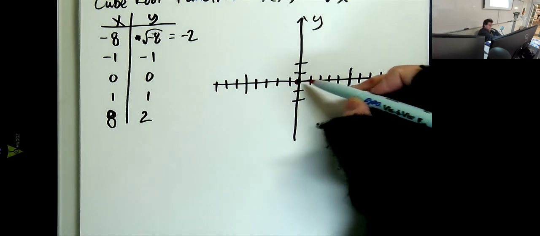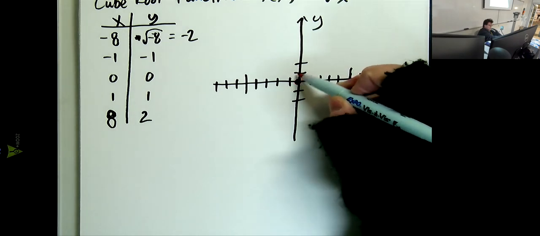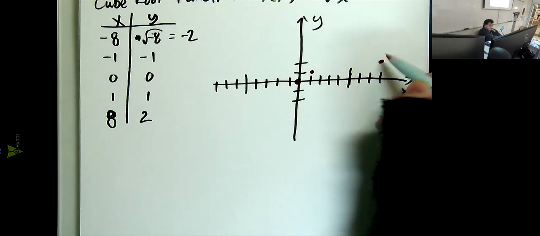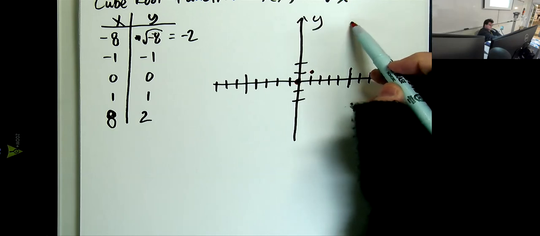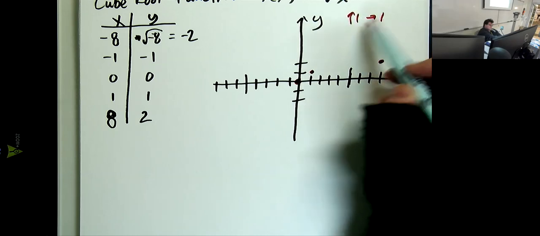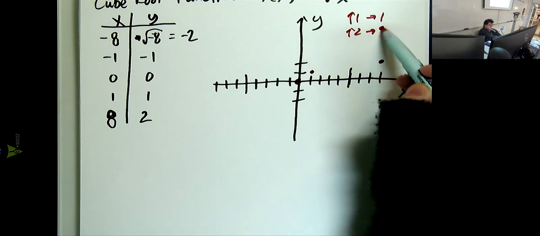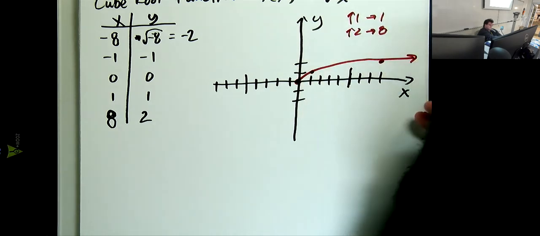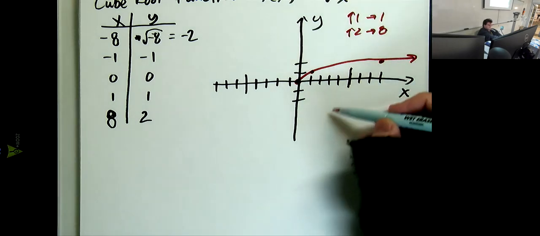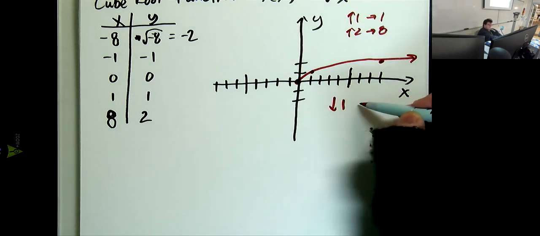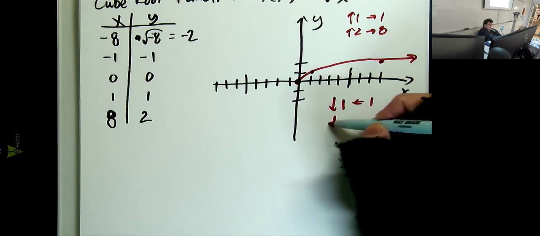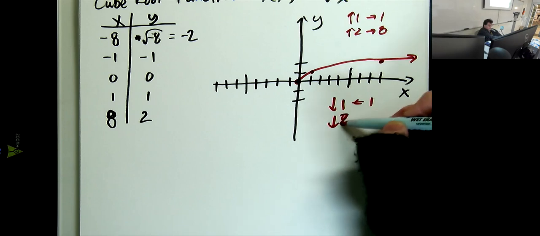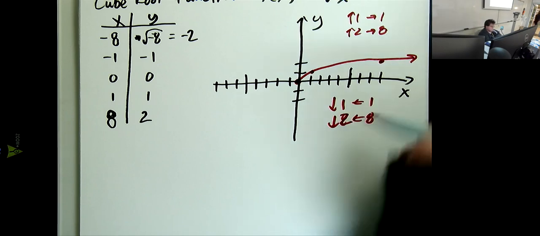Instead of going right one, up one, I'm going to go up one, right one. And up two, right eight. And on the bottom side, if I go down one, I'm going to go left one, and if I go down two, I'm going to go left eight. There we go. That's what I meant to say.